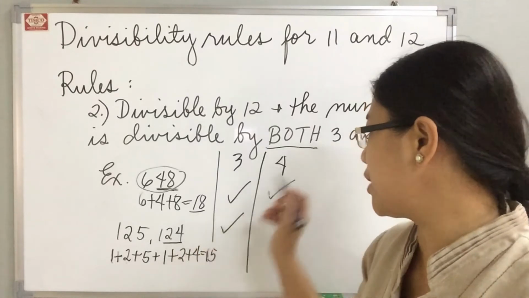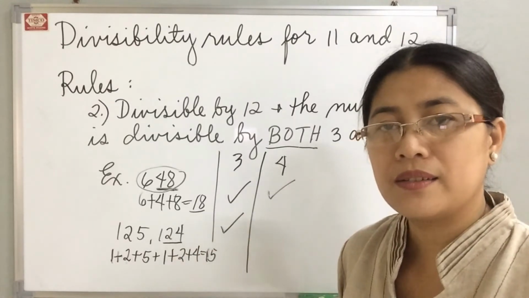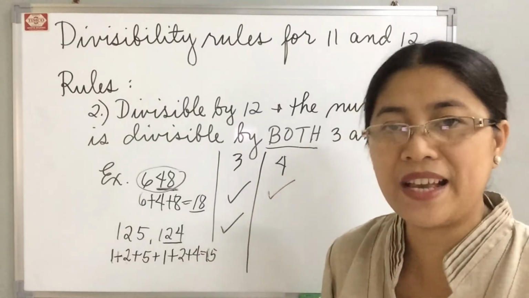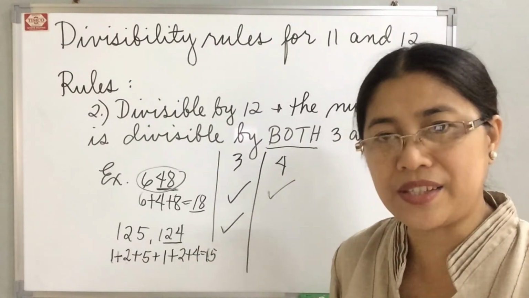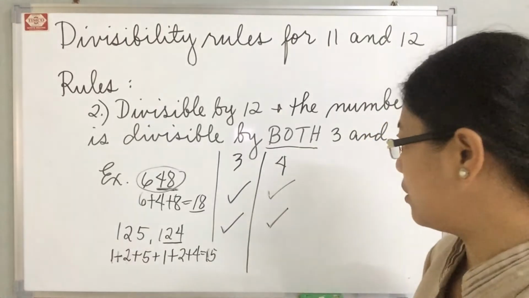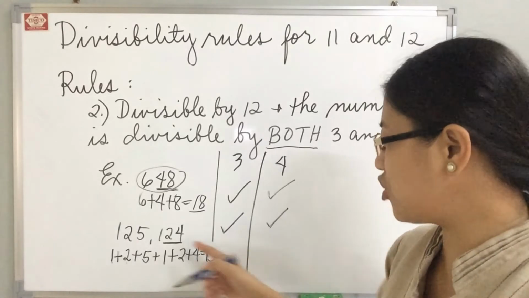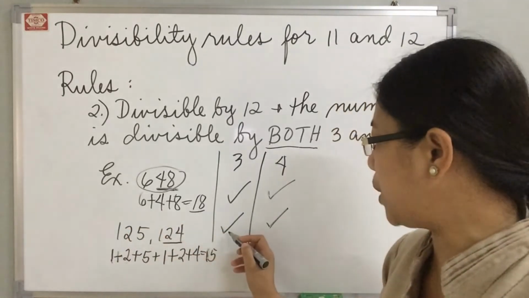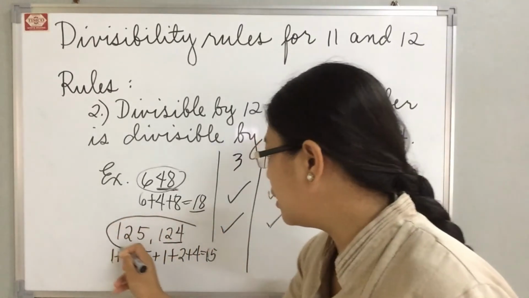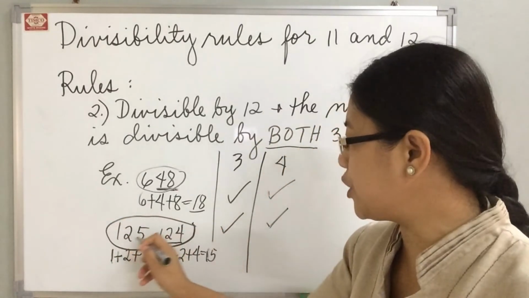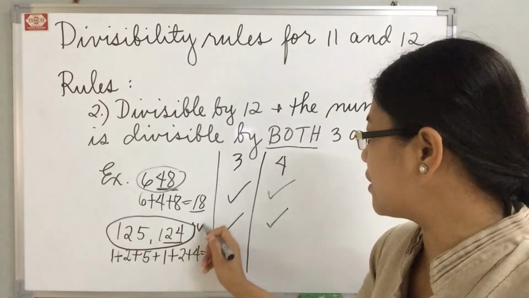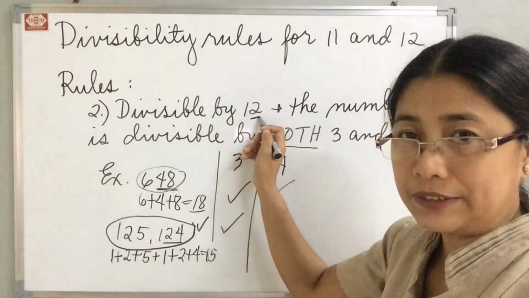So, is 24 divisible by 4? Yes, because when you divide 24 by 4, the answer is 6. Very good. So, therefore, it is checked also. Since it is checked, this number is divisible by both numbers 3 and 4. Therefore, this whole number, 125,124, is divisible by 12.